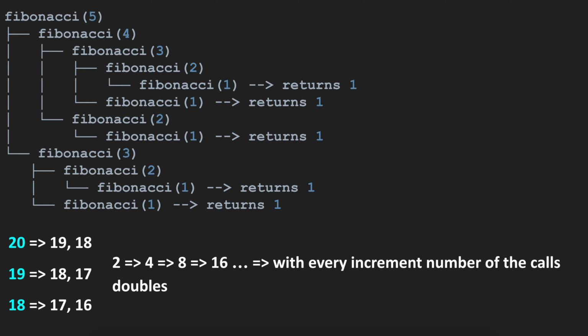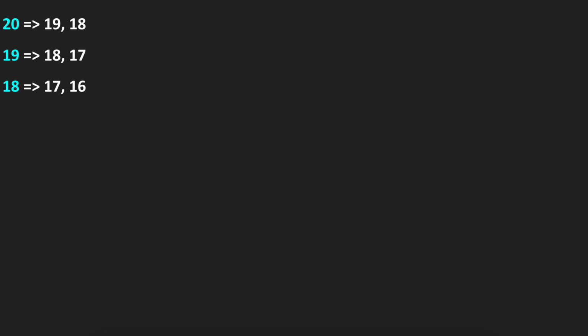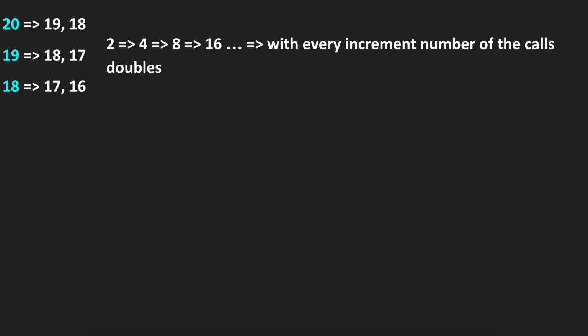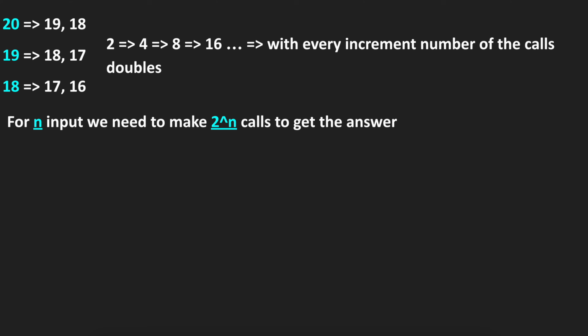So every time we go one step further, we are exponentially increasing the number of calls. In this case, the time complexity for the Fibonacci sequence would be 2 to the power of n, because for an input of n, we are going to exponentially increase the number of calls.